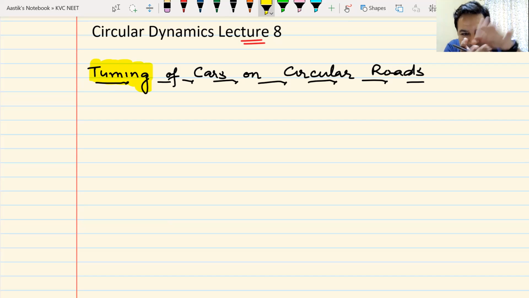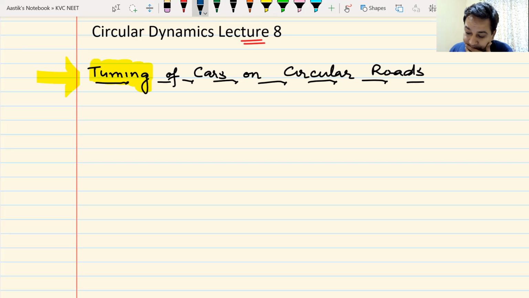Maybe it is applying brake, decreasing the speed. That is a different question. We are more concerned with what is causing it to turn. Obviously, you'll say, sir, we turn the steering wheel and it turns. But apart from turning the steering wheel, there has to be something that gives it the required centripetal force.